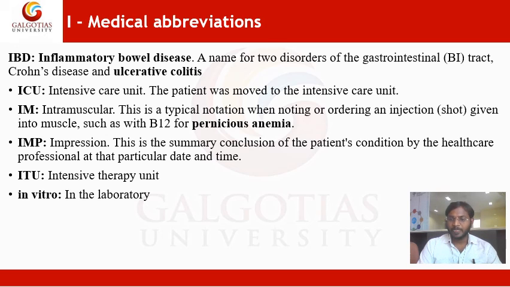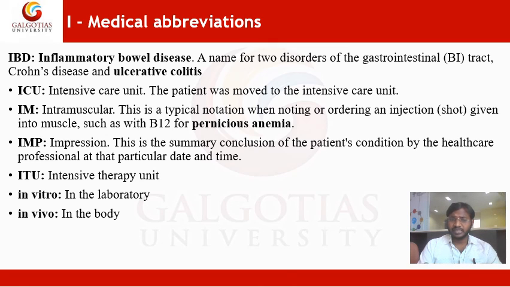In vitro. In vitro and in vivo, we mostly hear these in 12th standard also. In vitro means in the laboratory. Whatever experiment you do, whatever practicals you do in the laboratory, that is all in vitro. In vivo means in the body.